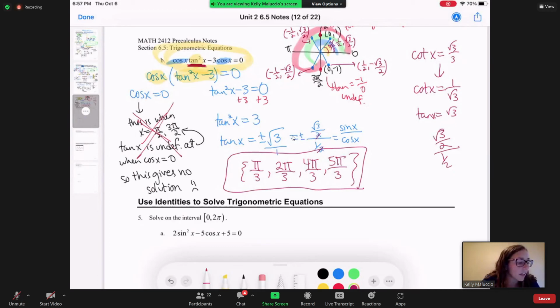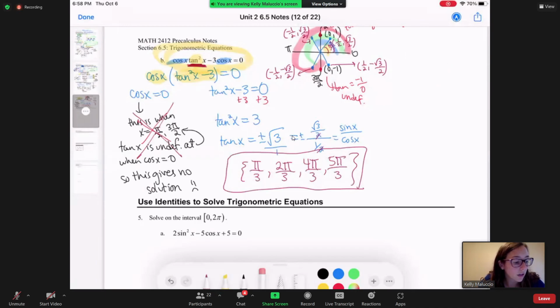You could say inverse tangent of root 3, and in degree mode it would give you 60, right? If you weren't sure, you could put in your calculator the inverse tangent of square root 3, or negative, plus or minus, whichever.